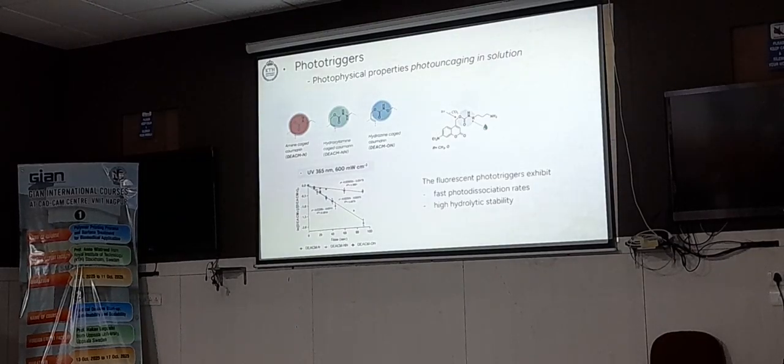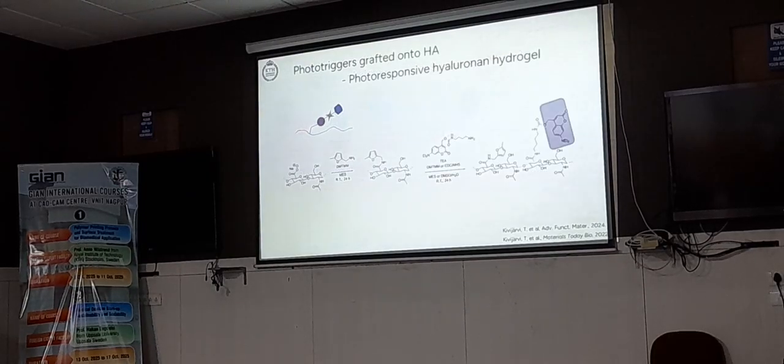So it's actually here where we break the bond, and this coumarin part is released, and then we create an active group out of this. So we could see that we had a quite fast photodissociation, which is good. And the next thing was then to attach these photo cages onto our hyaluronic acid.